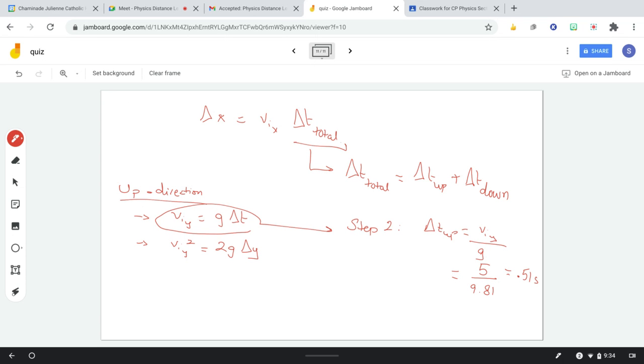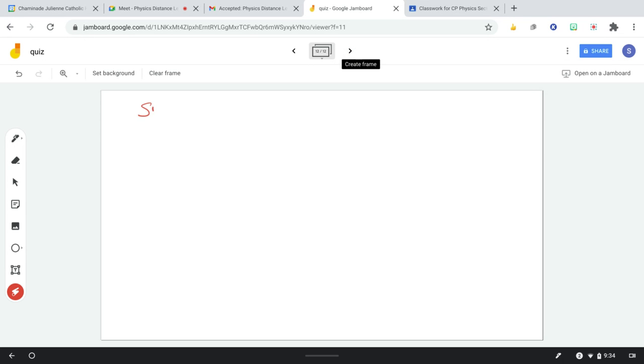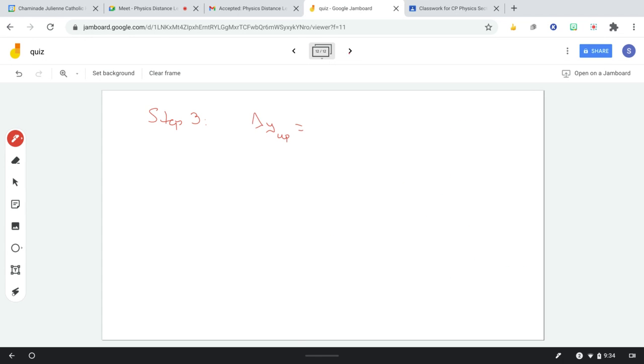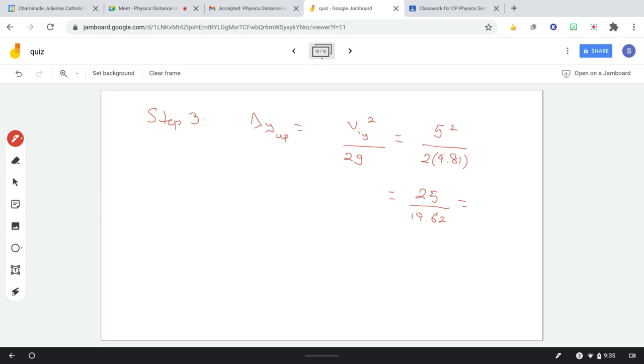Now, the next part was to find delta t down. But in order to find delta t down, you first need to find the total distance that you're going to travel. So step three was to find delta y up, which is given by Viy squared divided by 2g, or 5 squared divided by 2 times 9.81, which is 25 divided by 19.62, and that would give you 1.27 meters.